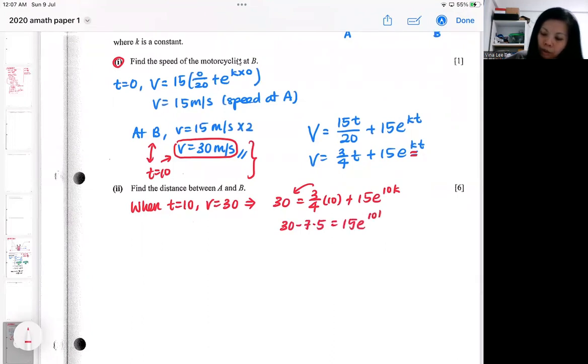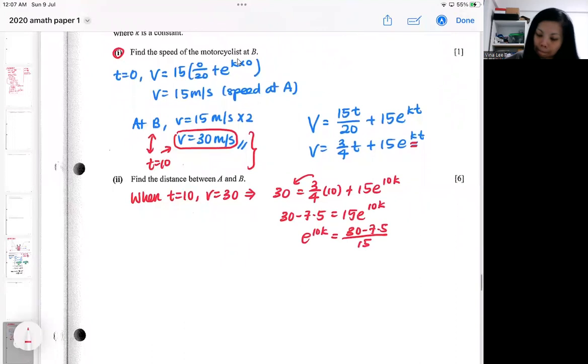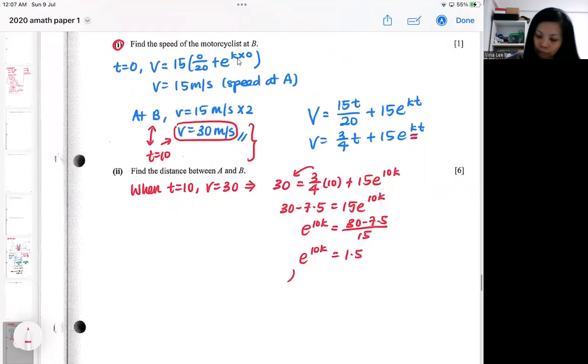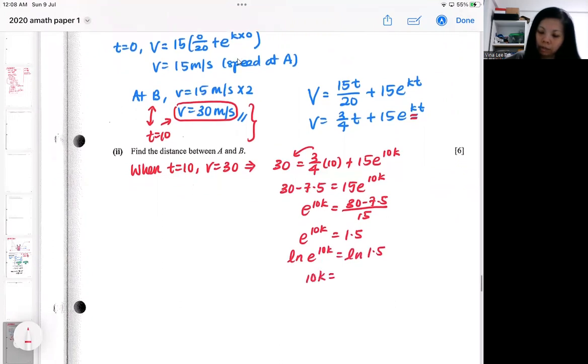Okay, so this is the exponential part. From here, you can do ln both sides, and bring down the power. You can keep your k in this format, or you can use a chain of decimal.